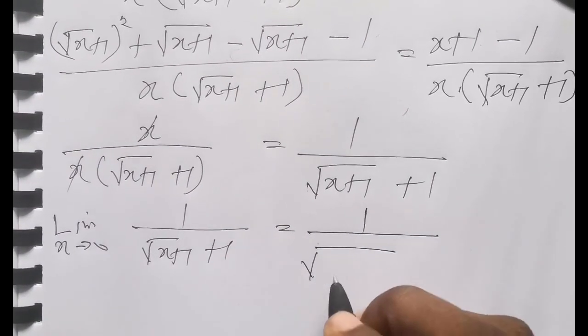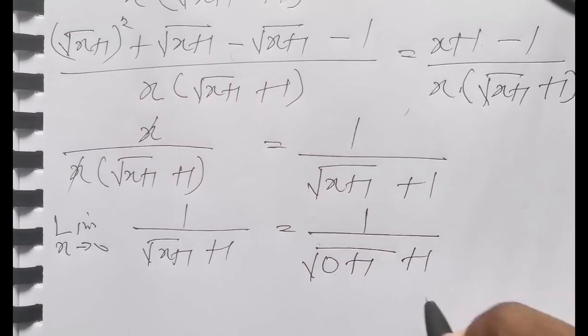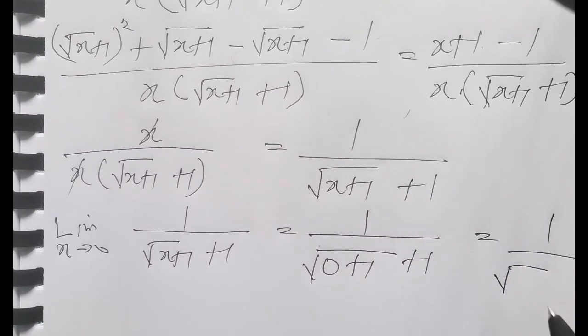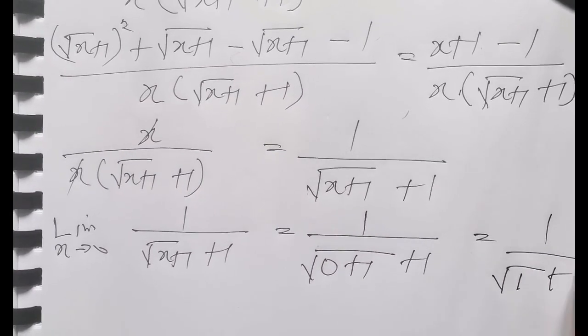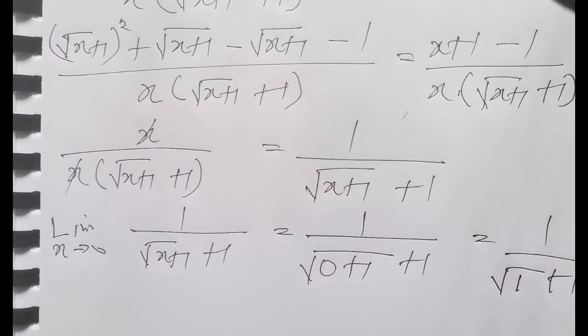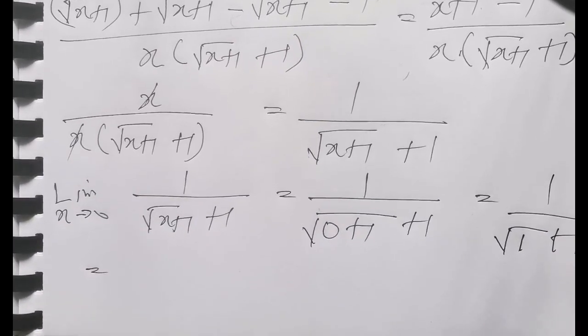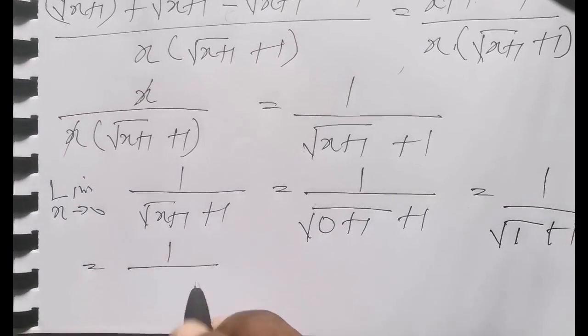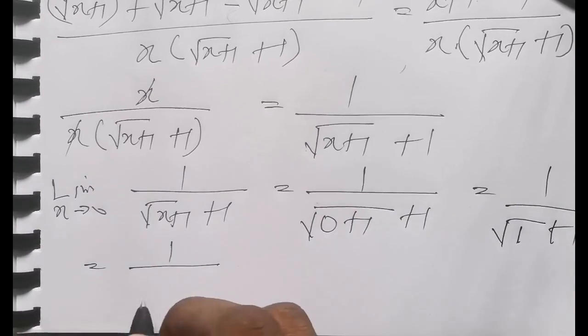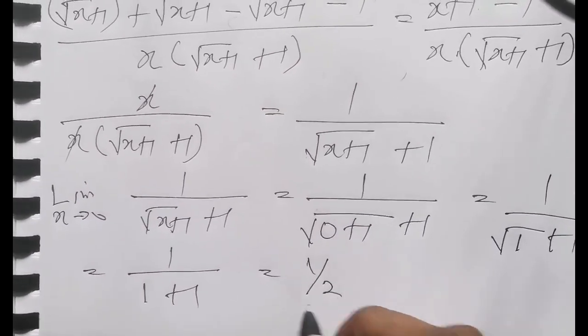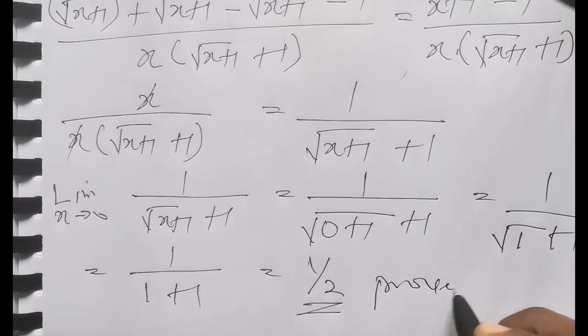So it becomes 1 all over the square root of 0 plus 1, plus 1. This is equal to 1 all over the square root of 1, which remains 1, plus 1, and that's equal to 1 all over 2, proved.